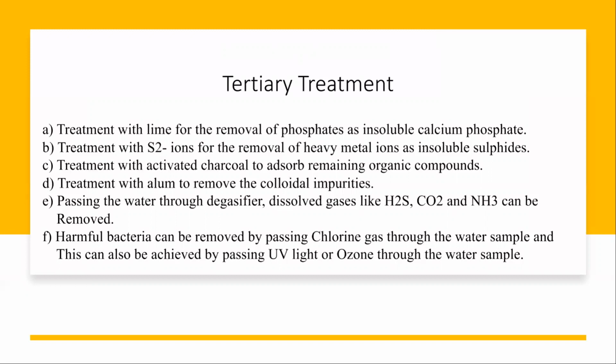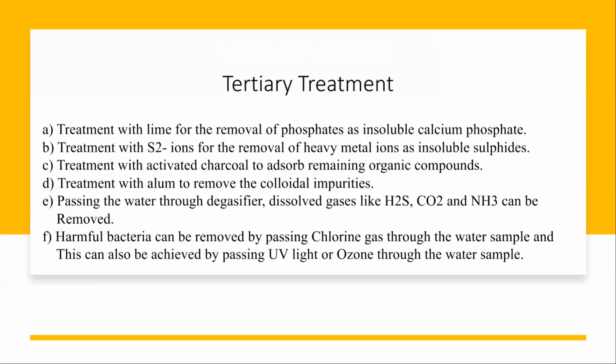The sewage water is treated with lime for the removal of phosphate as insoluble calcium phosphate, or it can be treated with sulfide ions for the removal of heavy metal ions as insoluble sulfides.